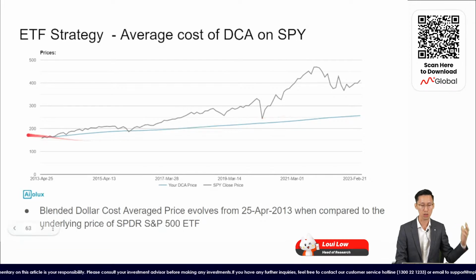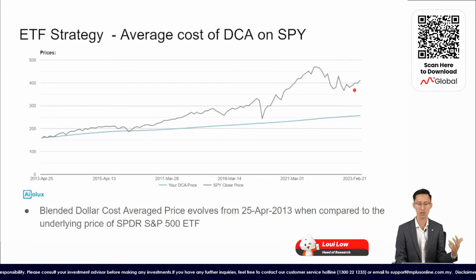Okay, so as long as you put in $100 per month, your average cost will not surge. Based on the historical price chart here, currently SPY is near towards 400, and your cost will be much lower, near towards the 250 or 260 range. Okay.